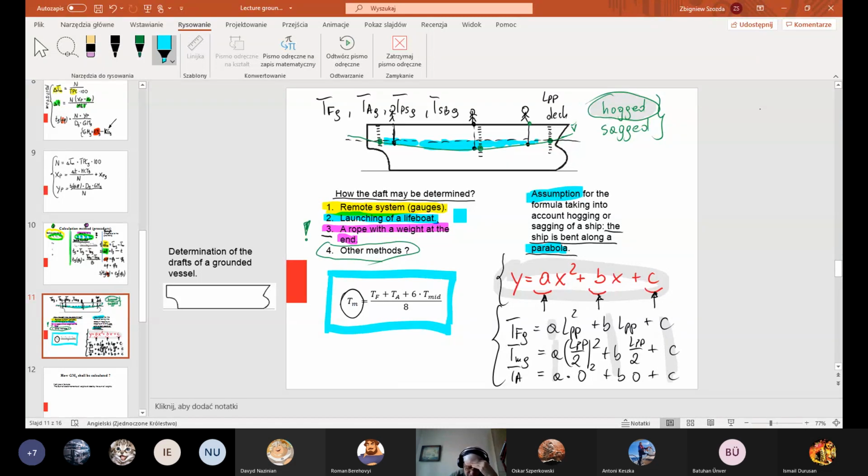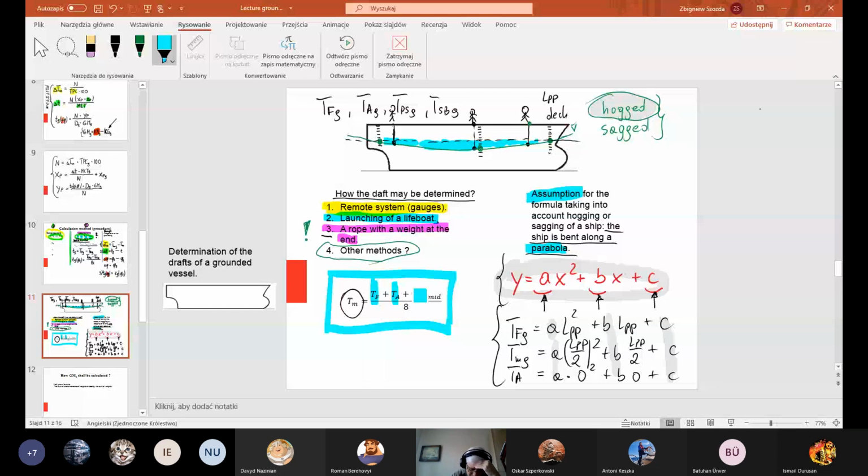is that to calculate the mean draft that corresponds to the green water line, you should take 1 fore draft, 1 aft draft, and 6 midship drafts, and divide the sum of such drafts by 8. This is the so-called draft mean of means.